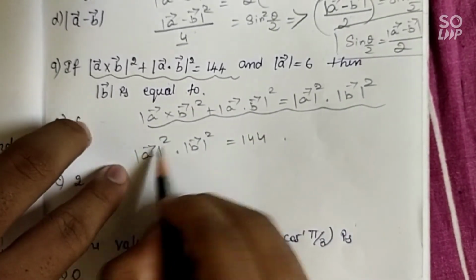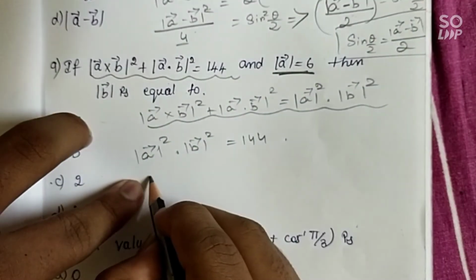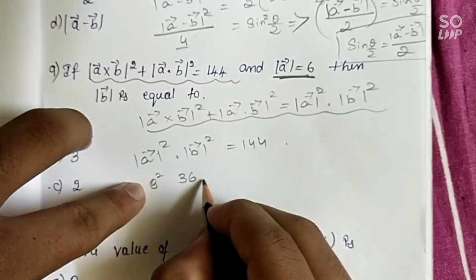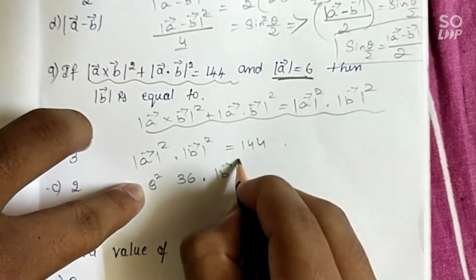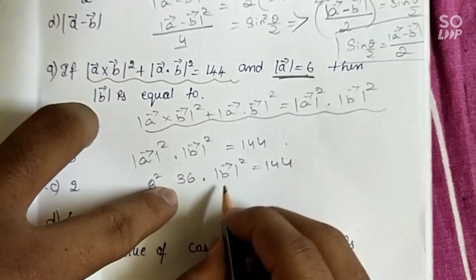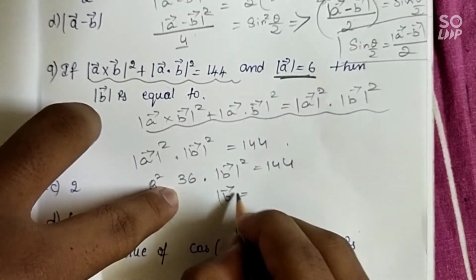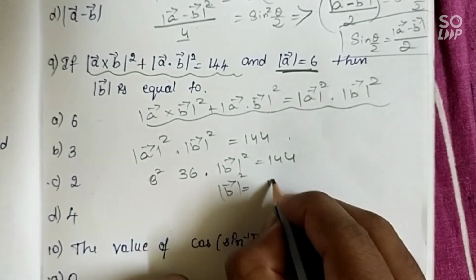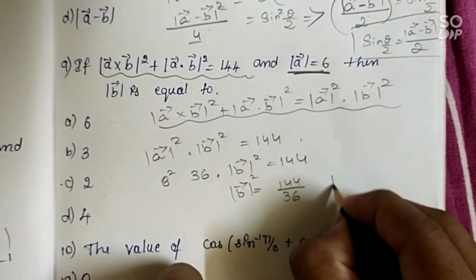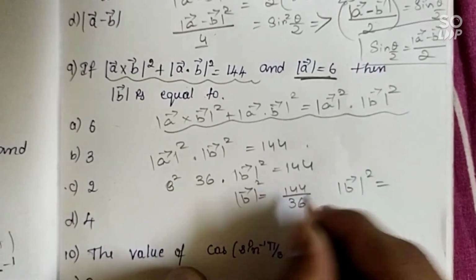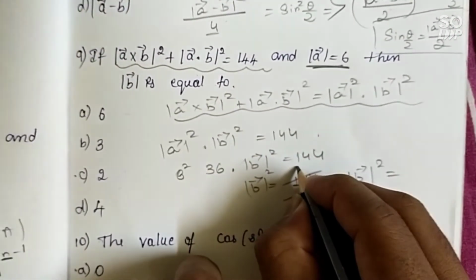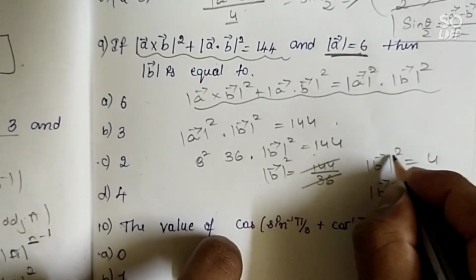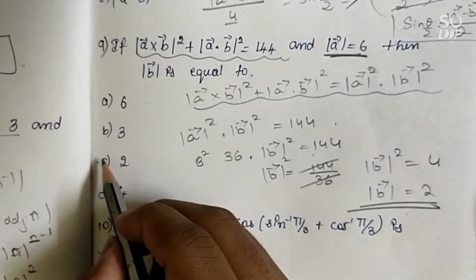They have given the value of A as 6. So 6 square which is equal to 36 into B square is equal to 144. B square is equal to 144 by 36. B square is equal to 4. Now B is equal to 2. That is in the third option.